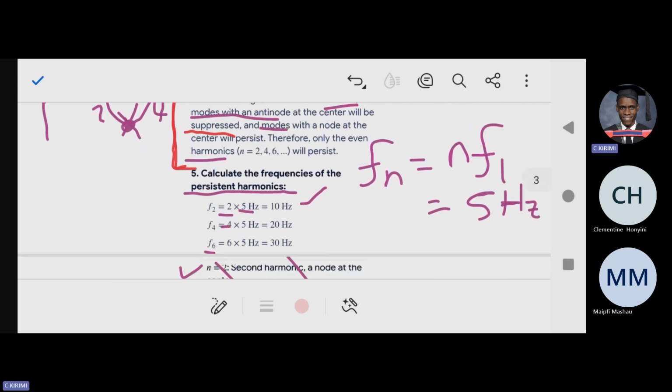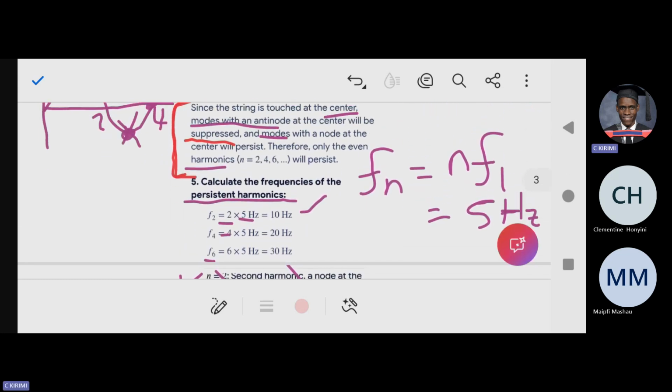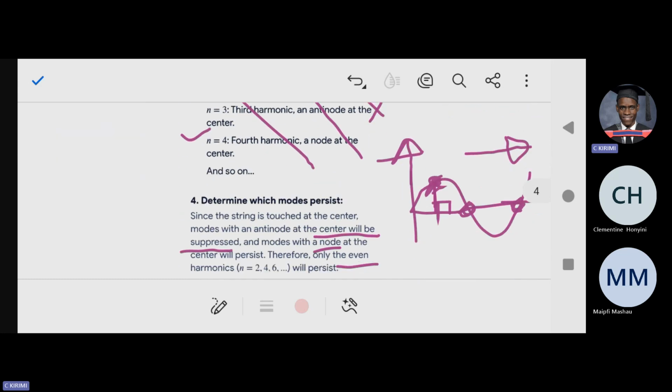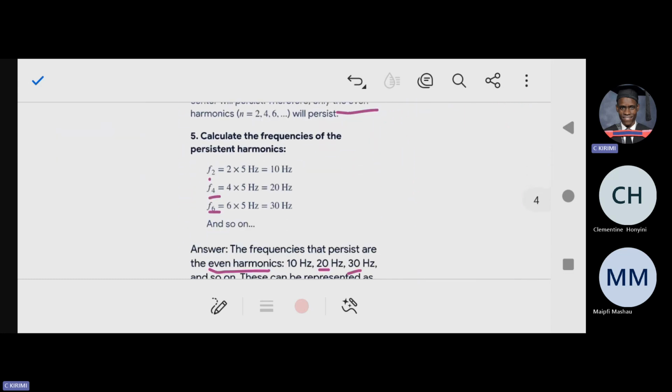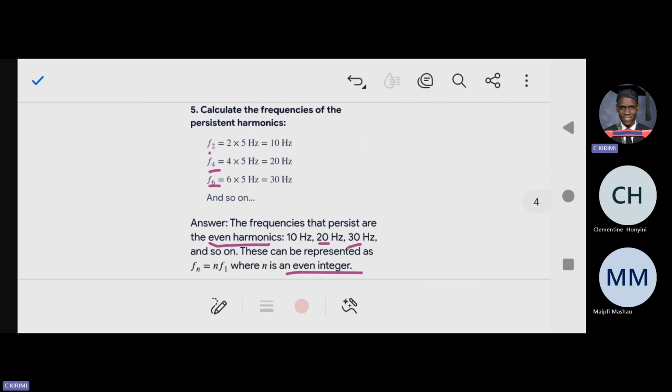Now you put in your values. So instead of saying n is just an integer, in your final answer, after you've done the calculations, you must show that n is an even integer.